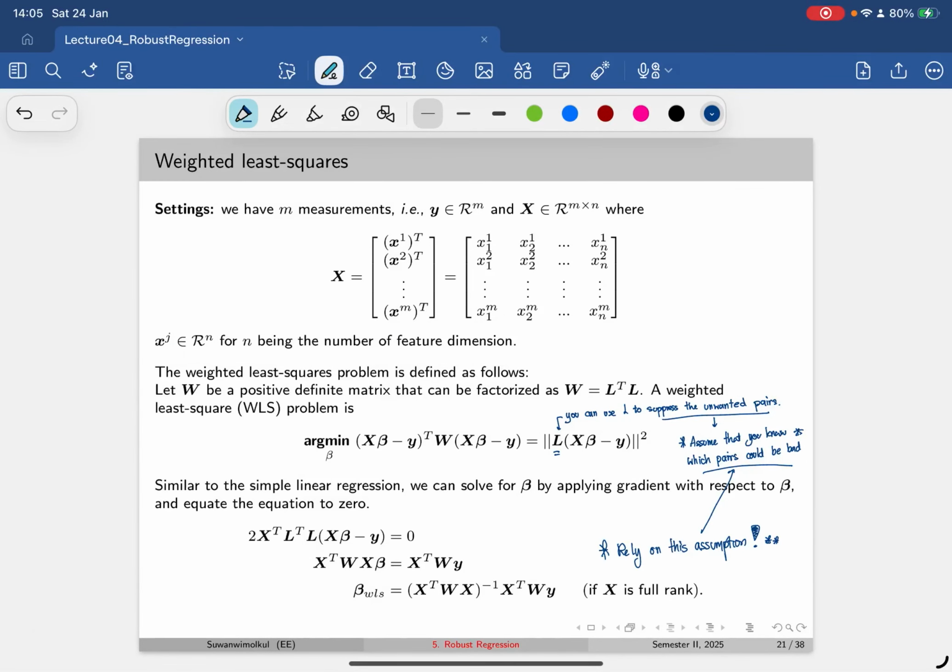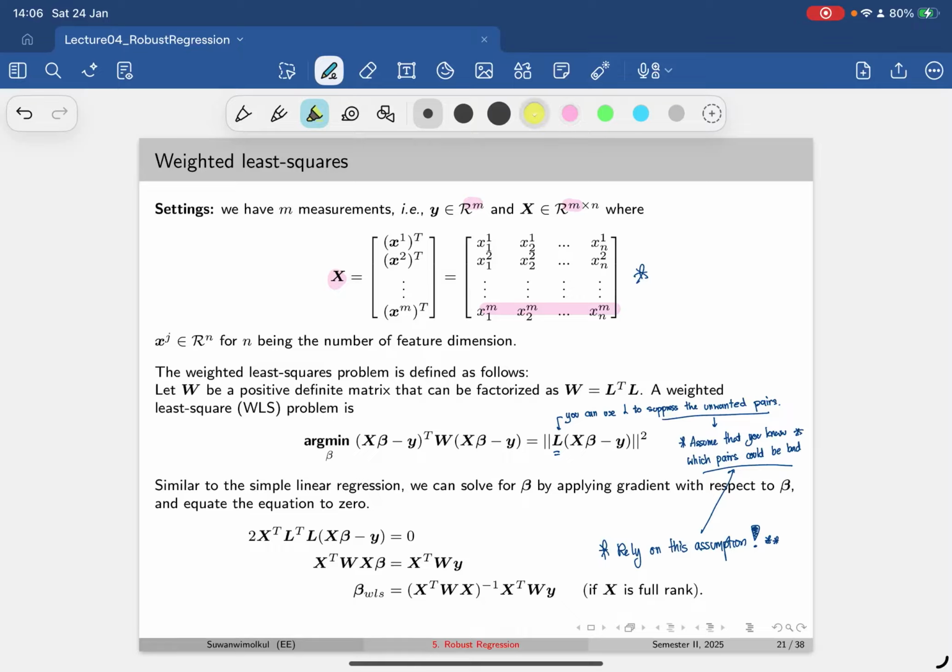Okay, so now let's go through this method together. Here again, I just want to recap the system of the linear regression where our input features in training are denoted by this matrix X, and the number of rows is the number of training data.